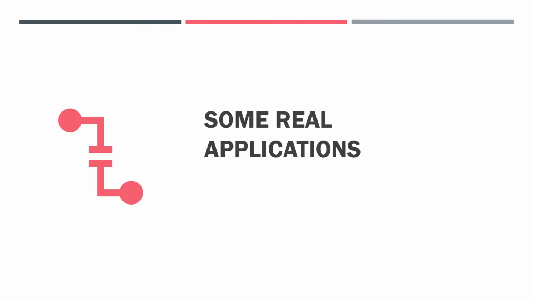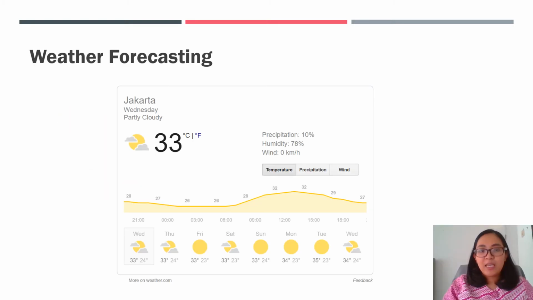Here are some examples. In pre-COVID times, before leaving the house, we would have been able to check the weather forecast for the day. The precipitation, the humidity, the temperature, all of these predictions were determined based on history and statistics.